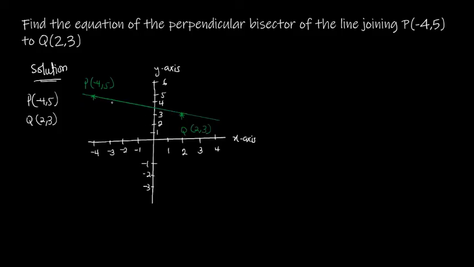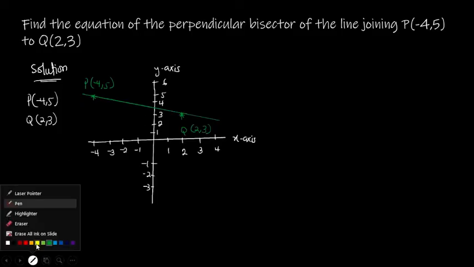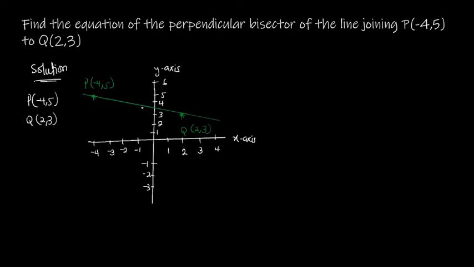Alright, so if this is our line, then it means our perpendicular bisector will be somewhere over here. So let me just draw some line to represent our perpendicular bisector. So let's say something like this, forming an angle of 90 degrees over here.